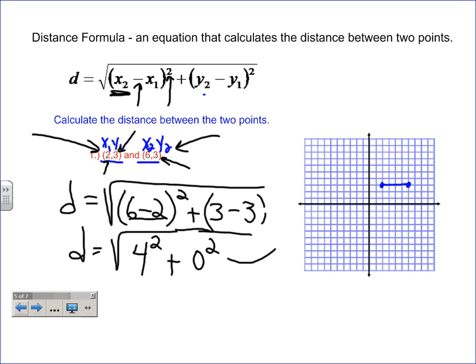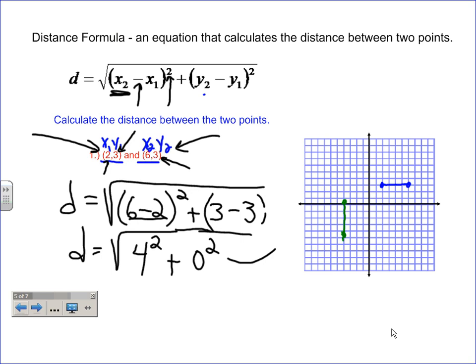Do you agree it's 4? Now that you look back, perhaps you realize how silly it was to use the distance formula on that particular problem. Hopefully you can get smarter as you evolve through this process. It works the same if you have to go straight up and down. Those are pretty straightforward. I wouldn't necessarily waste my time using the distance formula on those. Be smart about it. But it helps to know what the distance formula actually is.